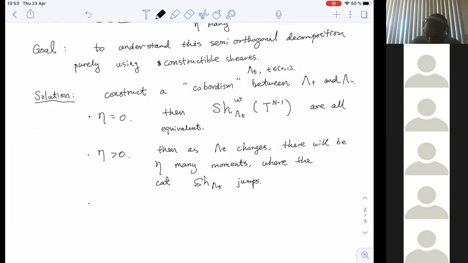And maybe a remark is that this interpolation, this cobordism, is not built by hand. It's given to me. It comes from something called a window subcategory.